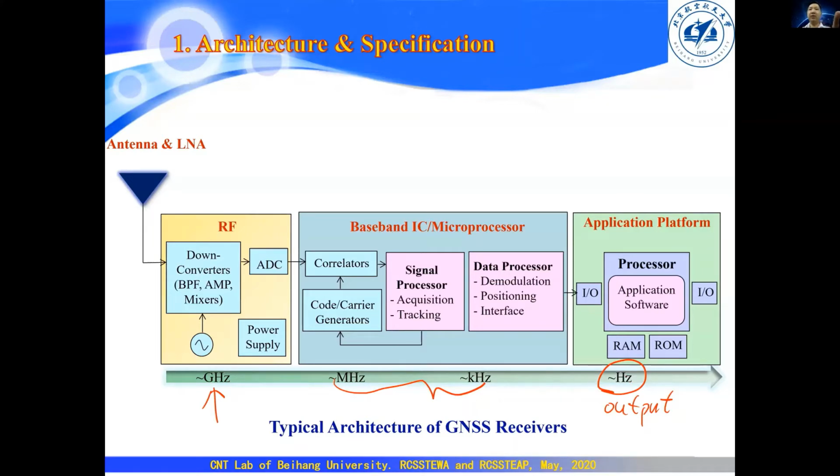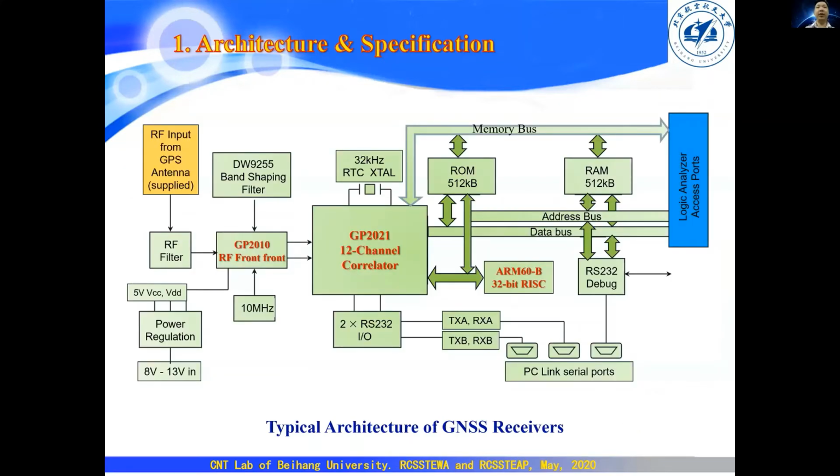Different parts and different chips work at different frequencies. A typical receiver is actually a combination of lots of chips. Traditionally we have some chips, for example a chip from Xilinx, and you have a correlator.